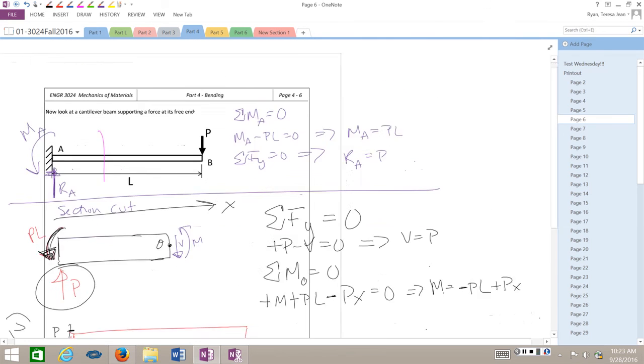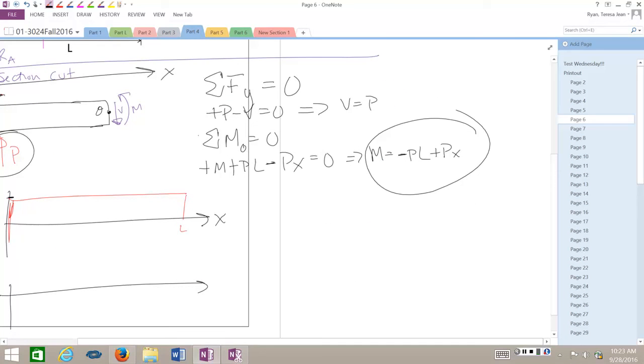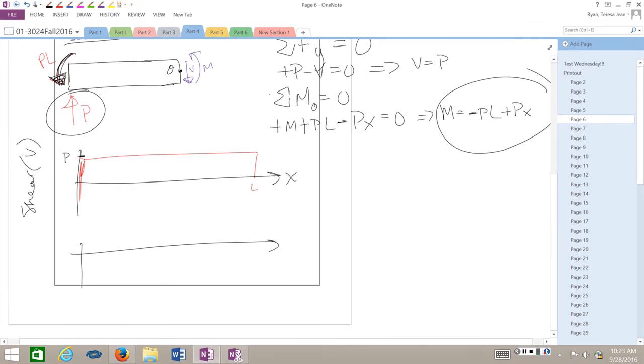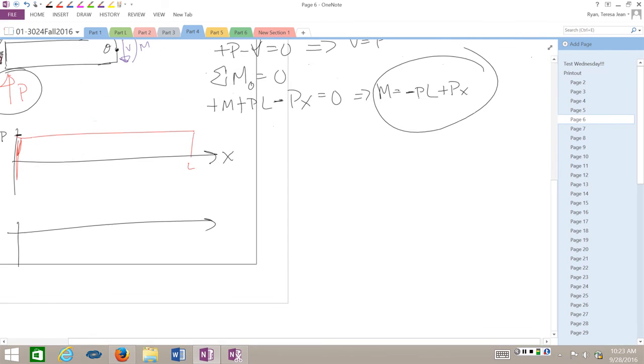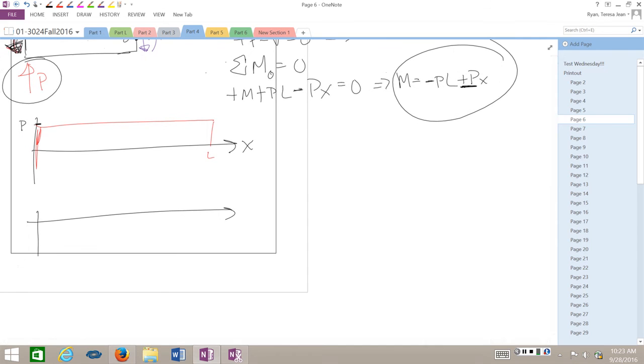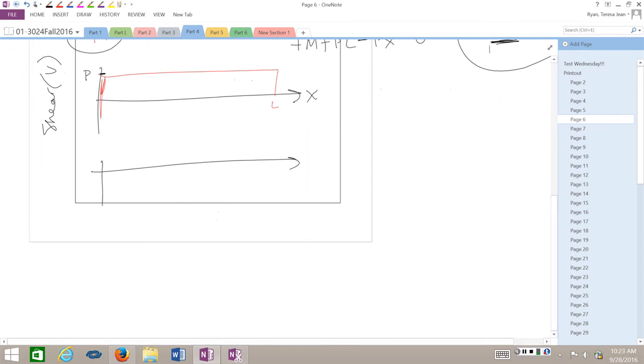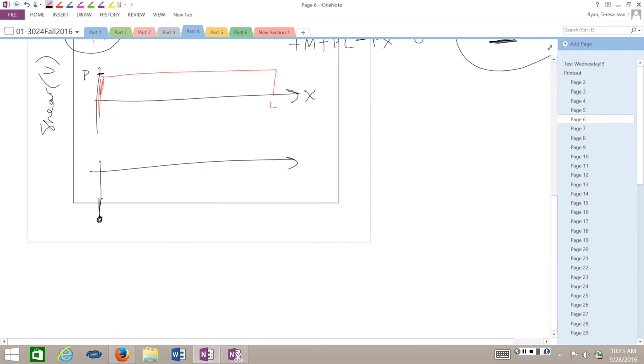Hey, look, it's a line. What's the slope? Plus P. What's the intercept? Intercept minus PL. So it's an uphill line with slope P that starts at value minus PL. And where does it have to end? How much moment can be out there on that free end of the beam?